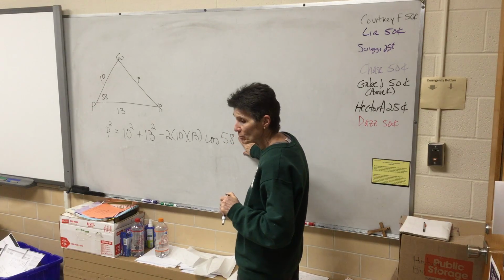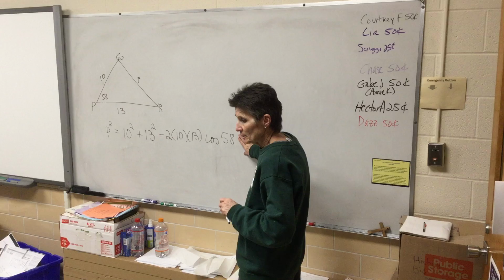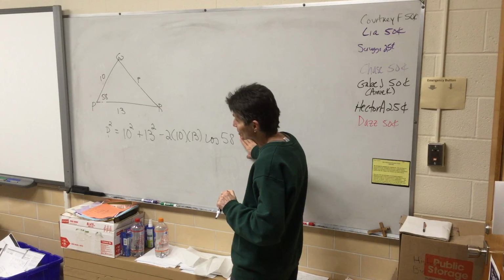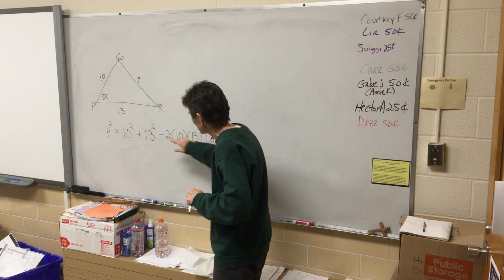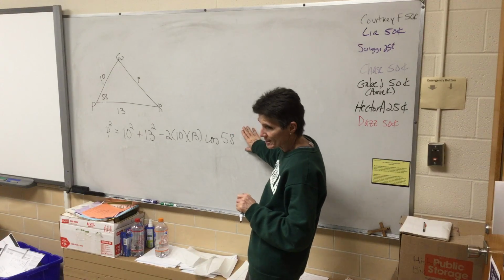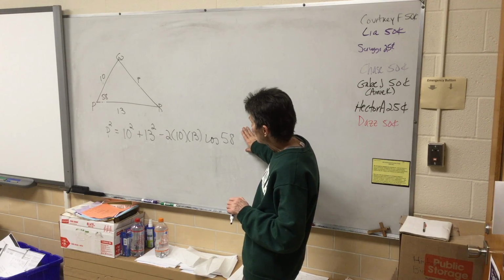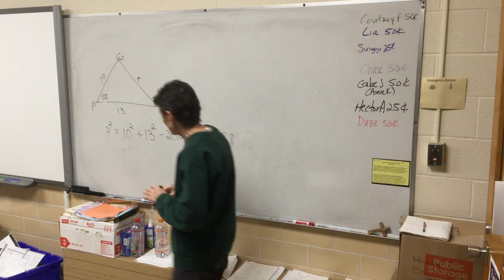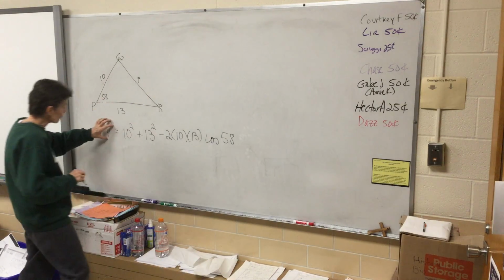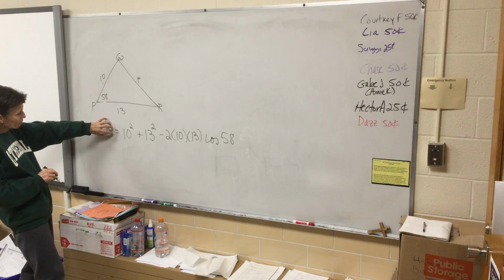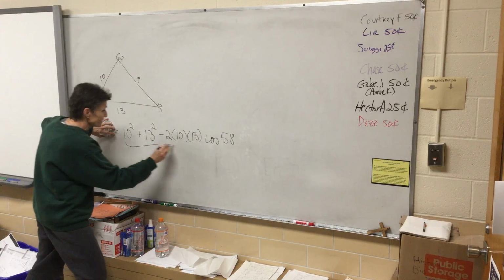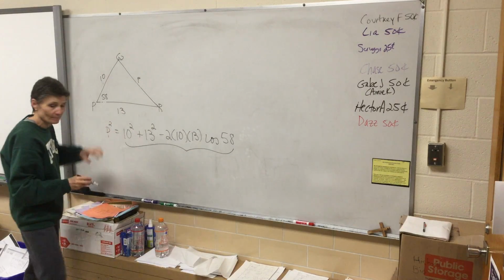This is the law of cosines formula. Or I shouldn't say this is the formula because it's got numbers in it, but this is the way it works. Now, the good news is, this is your variable. Your variable is over here all by itself already. So we're just going to type this in.